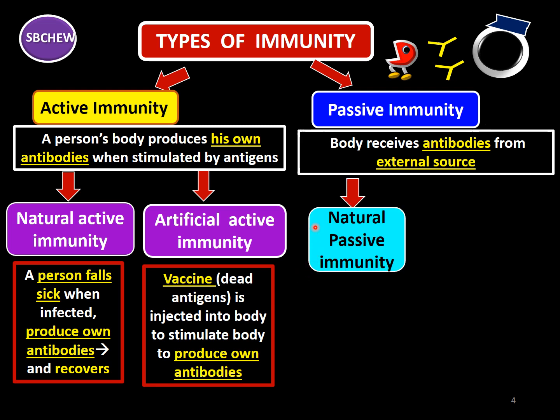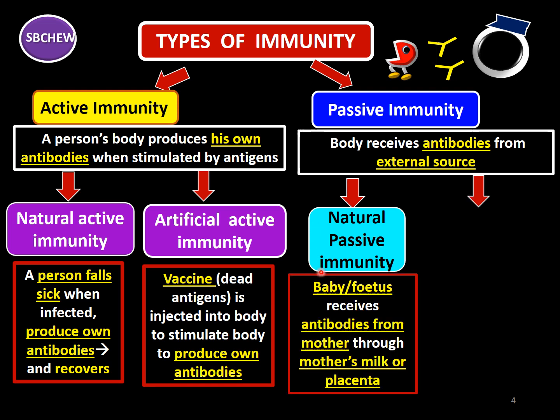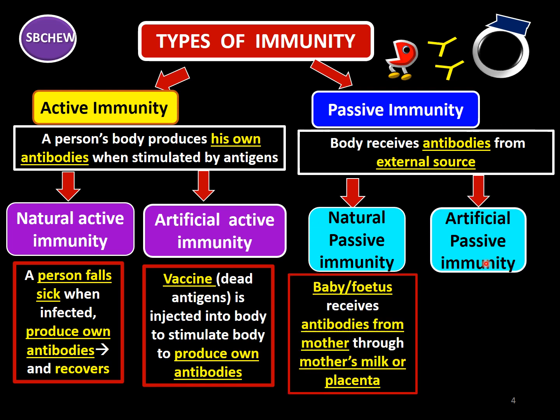Now, today we'll study passive immunity, which is divided into natural passive immunity and artificial passive immunity. Now, for natural passive immunity, a baby or fetus will naturally receive antibodies from the mother or the pregnant lady. So through mother's milk, or for pregnant women, they will give the antibodies through the placenta.